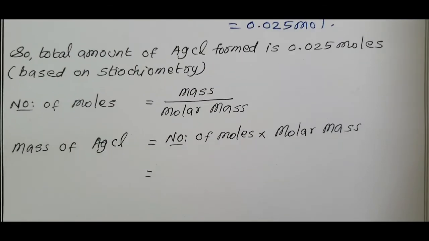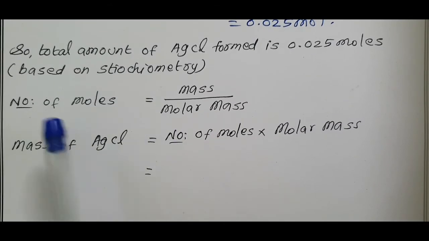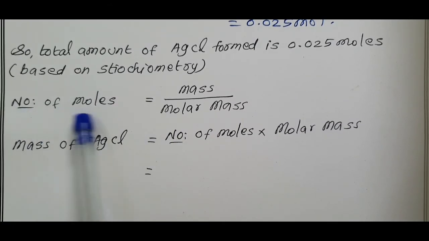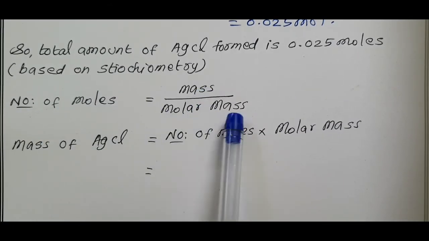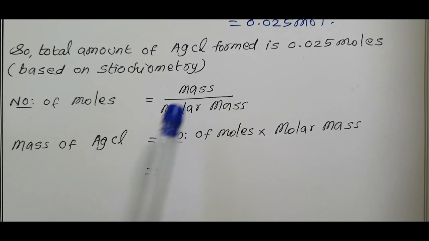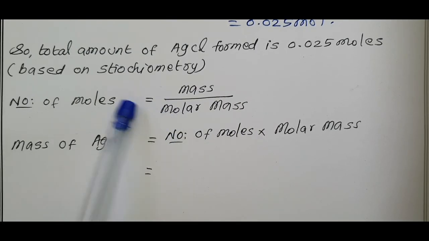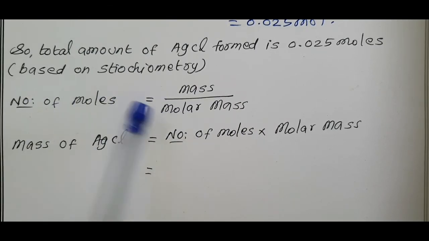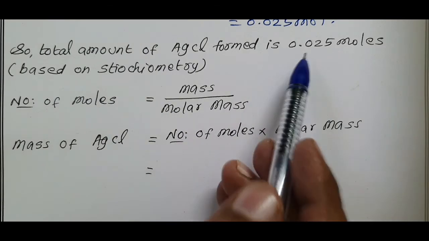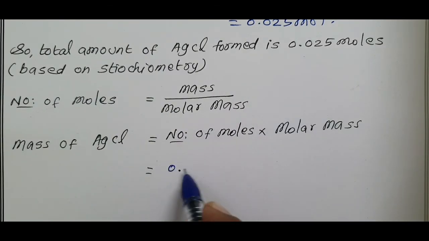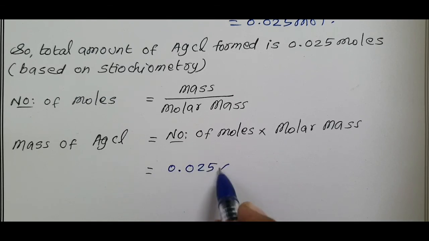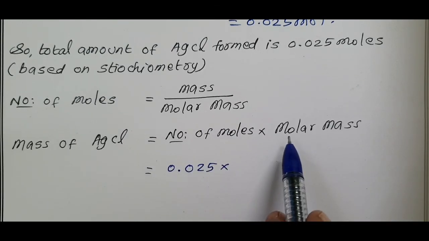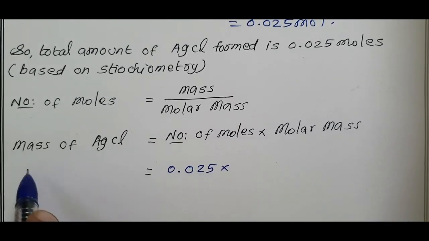Now we are going to calculate the mass of silver chloride. Calculation of number of moles formula, we know, is mass by molar mass. Therefore, mass equals, bringing the denominator quantity to the left hand side, number of moles into molar mass. Number of moles we have calculated as 0.025 into the molar mass of silver chloride.